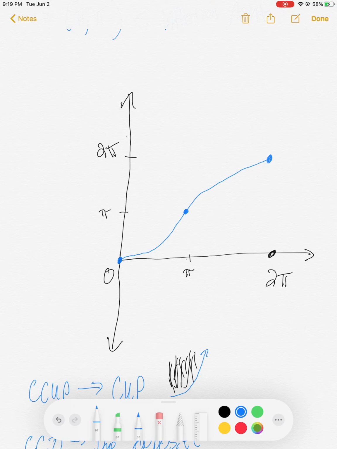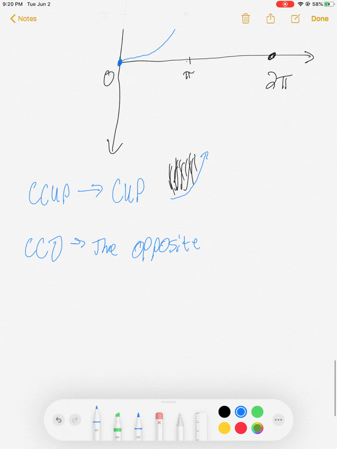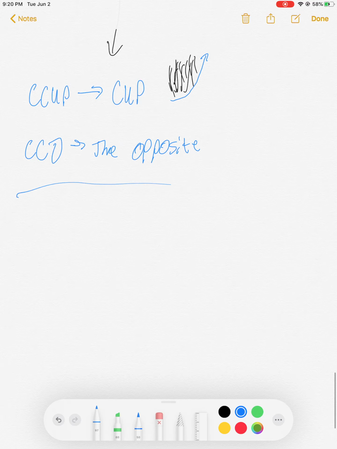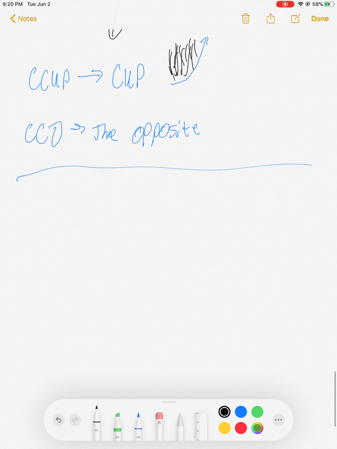Technically, we would need to know a little bit more to 100% accurately graph the function. But from just these few pieces of information, we can gain a pretty nice estimate. So that's the graph that we're going to go with.